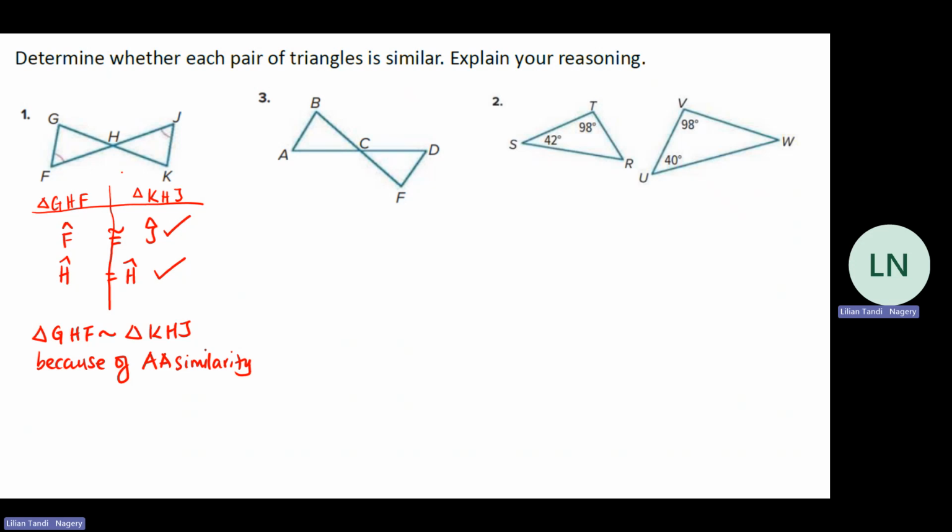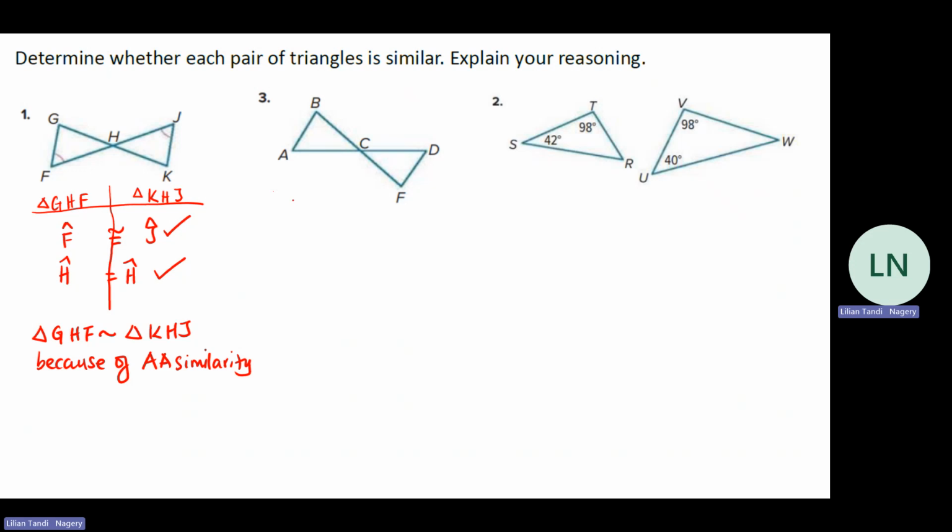Okay. Now here I don't have information. I don't know who is congruent to who, so therefore I cannot determine whether they are similar or not. I only have one angle. I also don't have parallel lines, so the triangles here, I don't have enough information.